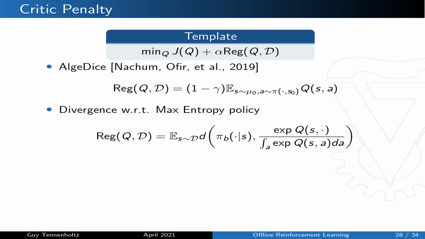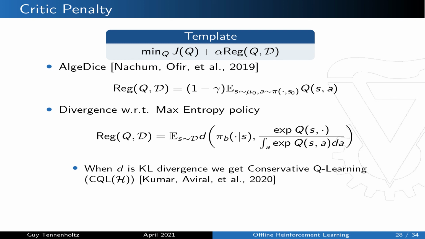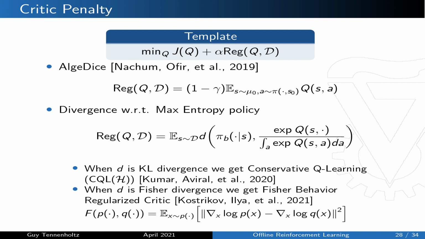So by adding a regularizer which minimizes the distance between the behavioral policy and our policy in terms of the Q function, we're actually regularizing the Q function implicitly. Now, if this discrepancy is the KL divergence, then we get one of the variants of conservative Q learning. When this distance is the Fisher divergence, we get Fisher behavior regularized critic. So there are many different algorithms that we could form using this regularizer.